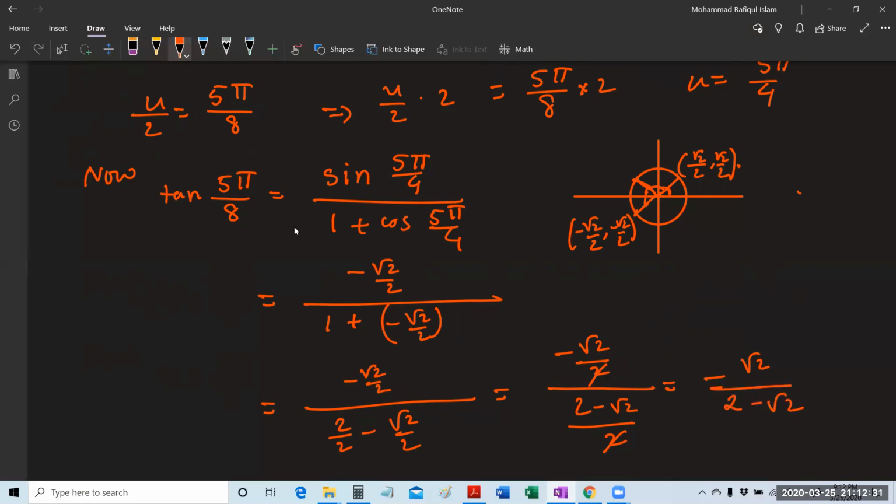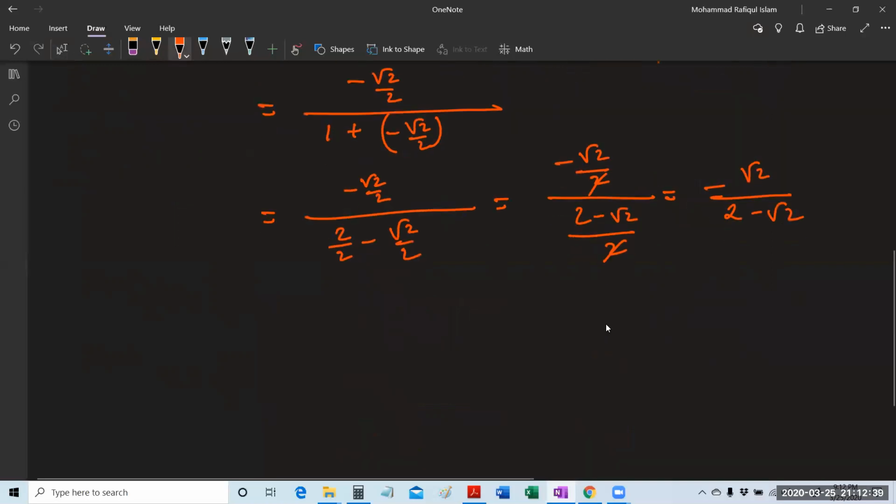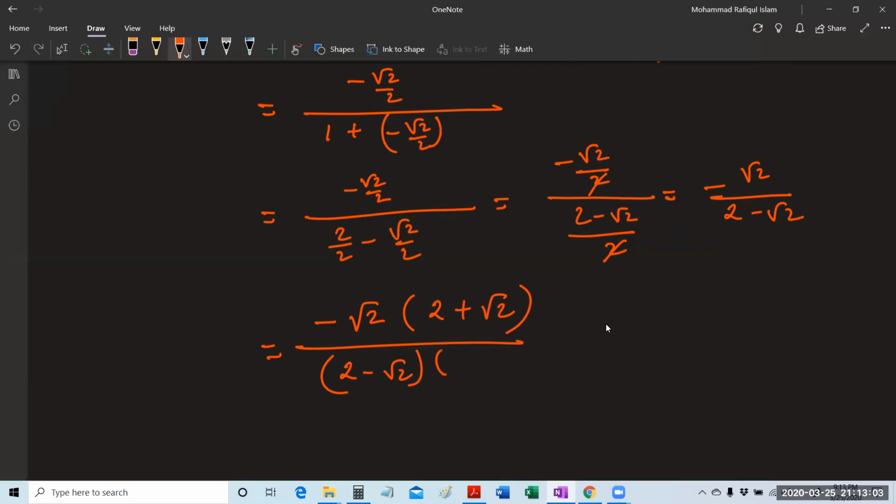We can leave our answer right here like this, but we can also simplify further. How do you do that? If we multiply both the numerator and the denominator by the conjugate of the denominator, we get the more simplified result. We have negative root 2 over 2 minus root 2, and the conjugate of the denominator is the same thing except the sign inside is positive, 2 plus root 2.